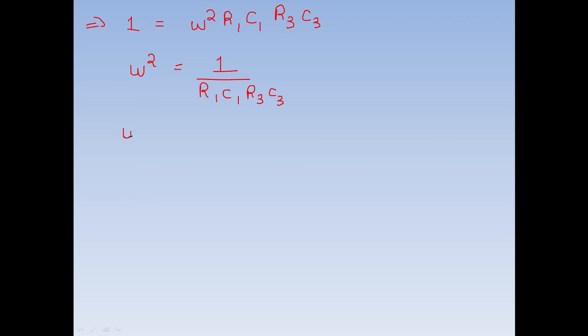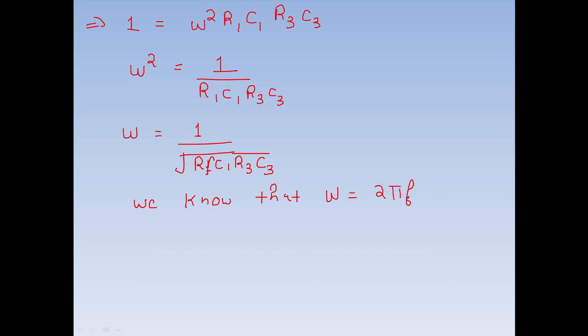So omega is equal to 1 upon, in the denominator, under root R1 C1 R3 C3. Also we know that omega is equal to 2 pi f.